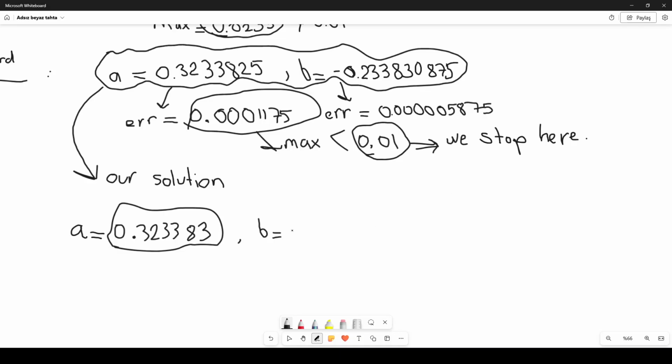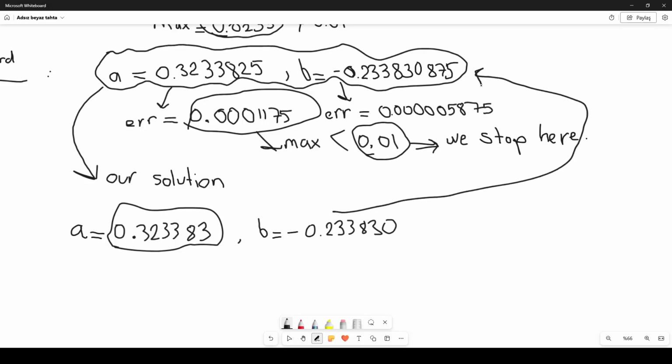We are in the neighborhood of our solution with the desired error tolerance, and B is equal to the exact solution, minus 0.2338 and 30. And if you notice, they are almost the same, right? If we take the first 4 or 5 digits, then we find the exact solution, as you see here. It is very clear to observe that we really converged to the desired result.